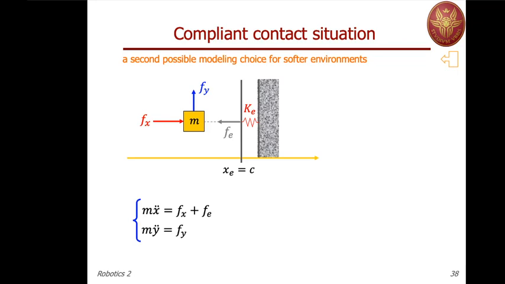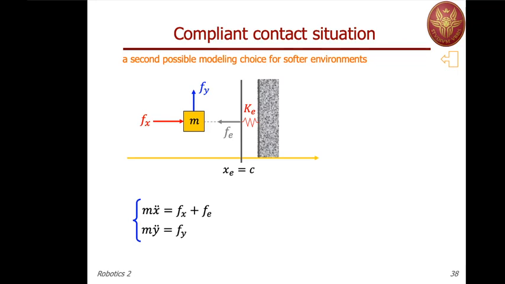Indeed, we have a mass m moving in the Cartesian plane under the action of two control commands, fx and fy, and we have the environment placed at a certain position along the x-axis. The x of the environment is equal to some constant c.